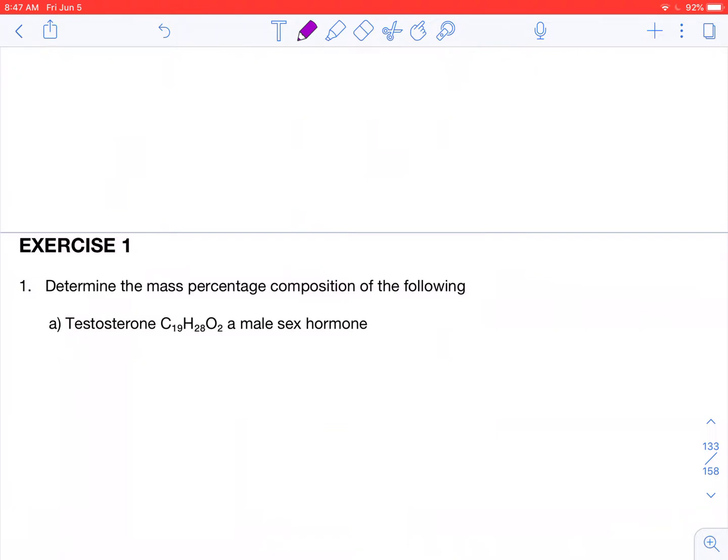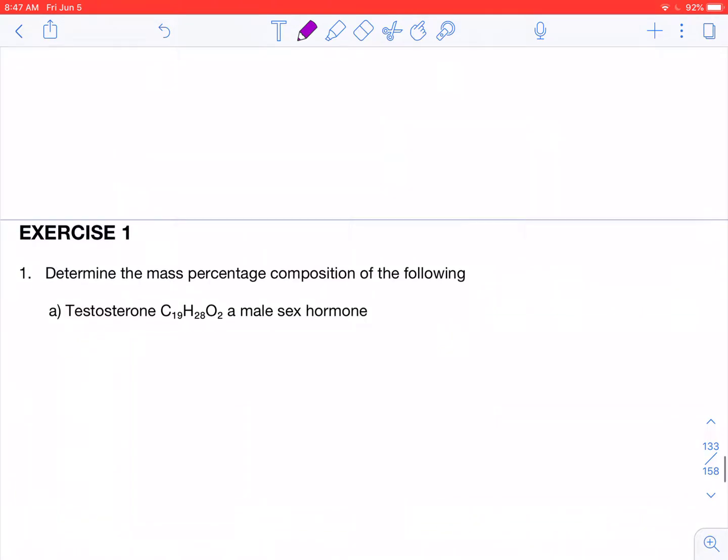Right, now, next one says, determine the mass percentage composition of the following. This is the mass percentage of testosterone. It's a male sex hormone, right?